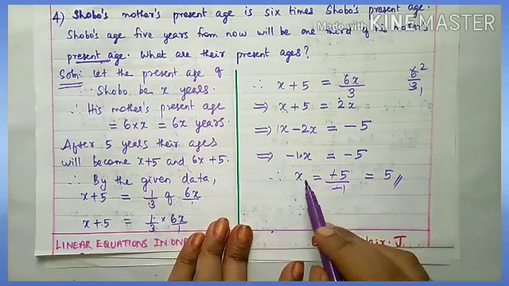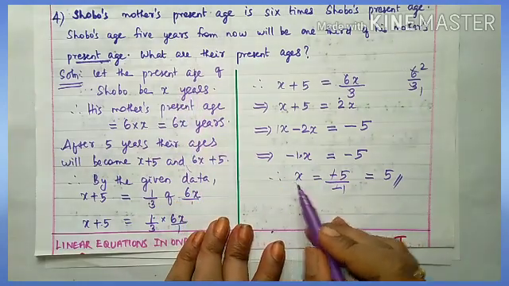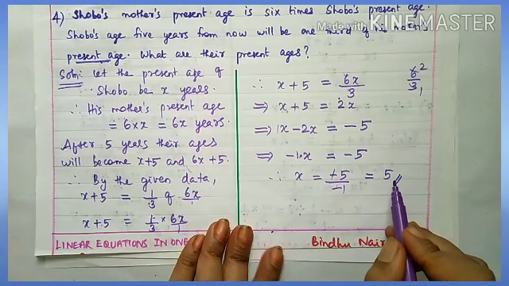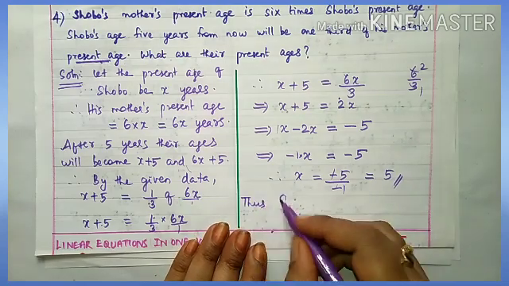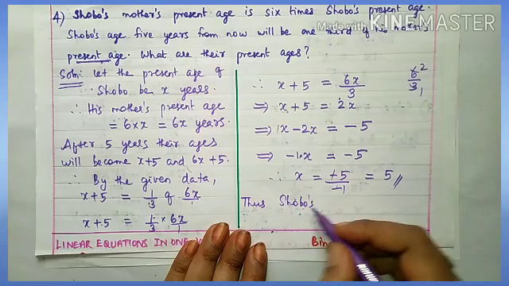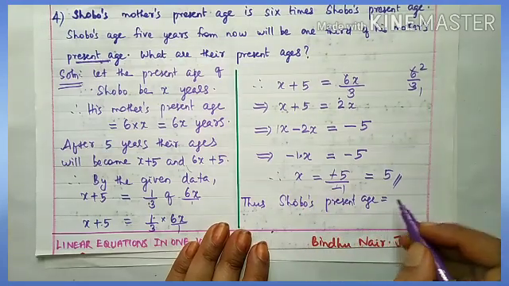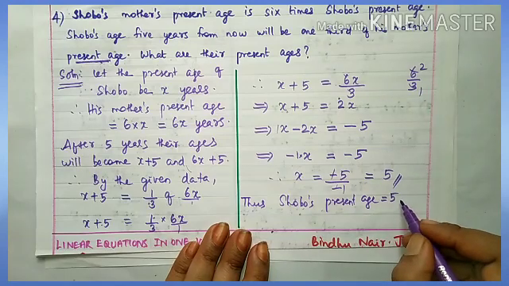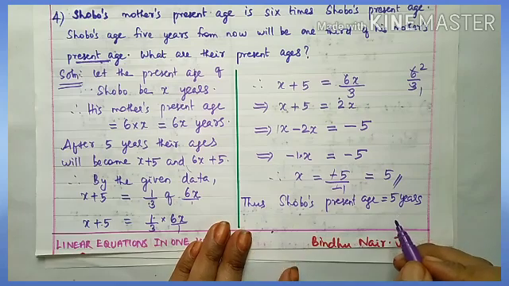What is this x? Yes, Shobho's present age is x. So thus we got Shobho's present age. Shall we write? Yes, thus Shobho's present age. When you write years, it means age, so you want to write years also. Shobho's present age we got 5 years.